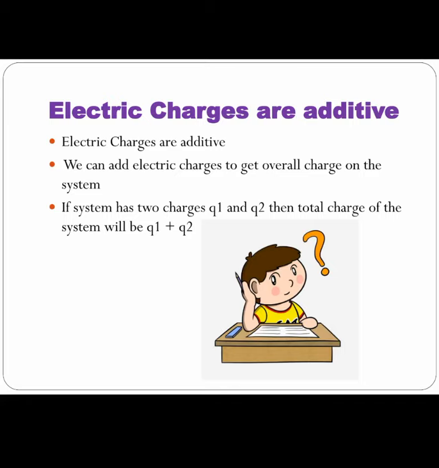We substitute the values: plus 2, plus 3, minus 3, plus 4. The plus 3 and minus 3 cancel, and we get plus 6 coulomb. Therefore the total charge of the system is plus 6 coulomb and it is positively charged.